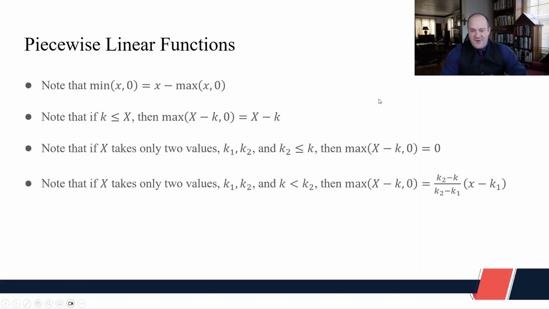And moreover, if we just assume that you take a K less than K2, so here we've got K greater than or equal to K2, where K2 is bigger, then you just get something that's 0. But if you take a K less than K2, well then this max function just equals a linear function.